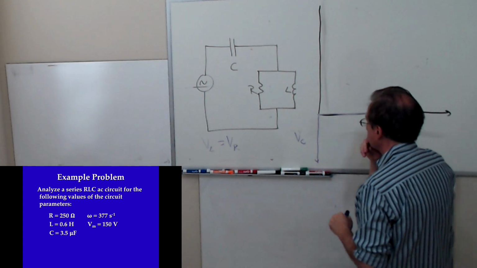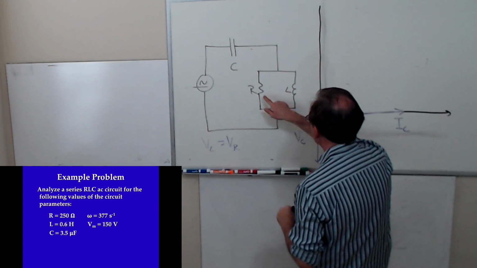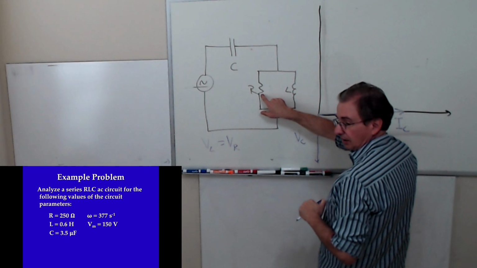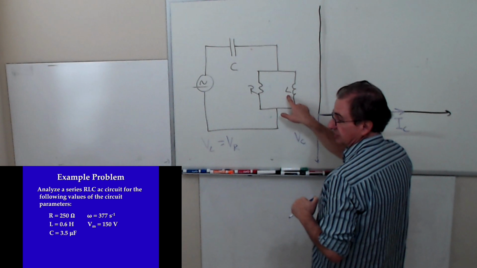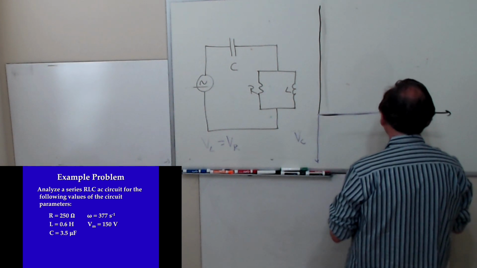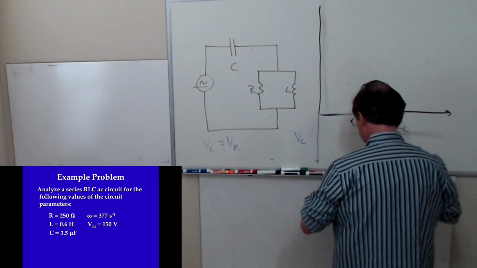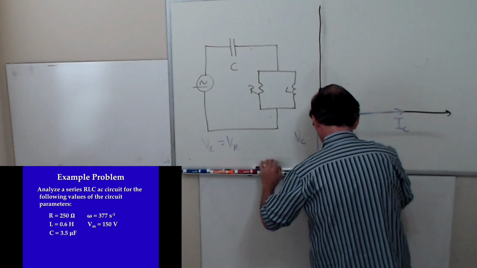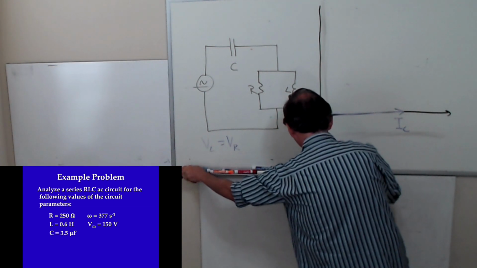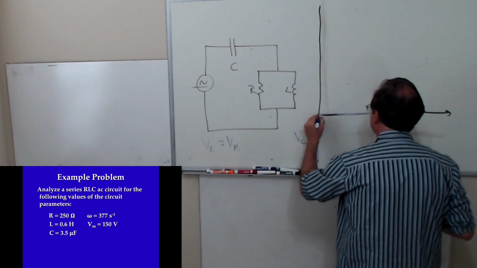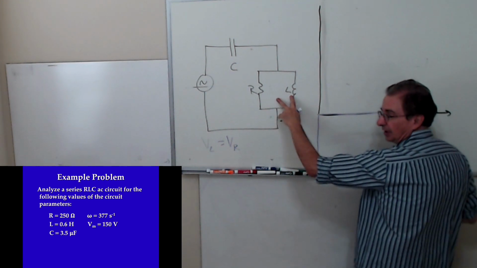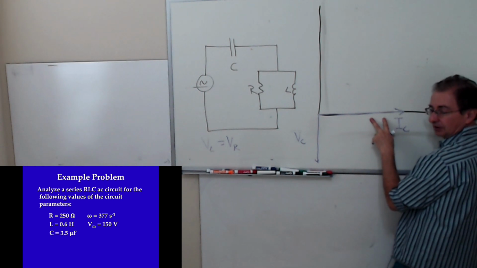In fact, the current and the voltage are going to be in phase here, but 90 degrees out of phase with this one. So maybe what I can do is draw my current for the, let me use blue for the resistor. And by the way, the sum of these two currents, which are perpendicular to each other, have to add up to this, right?